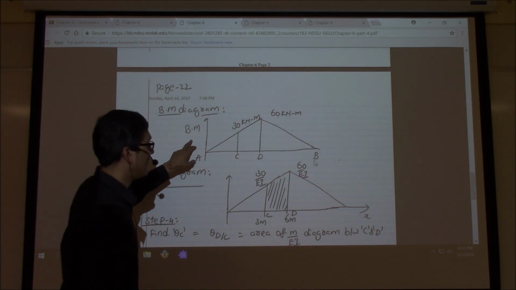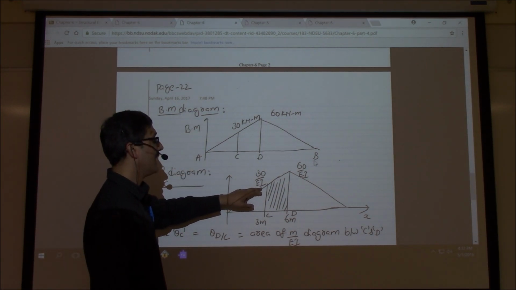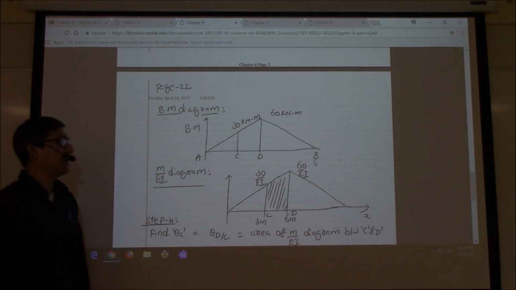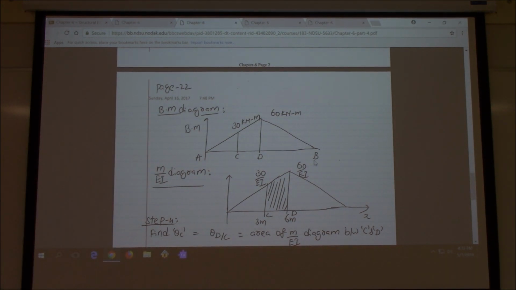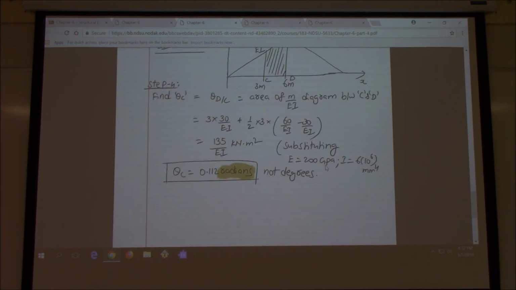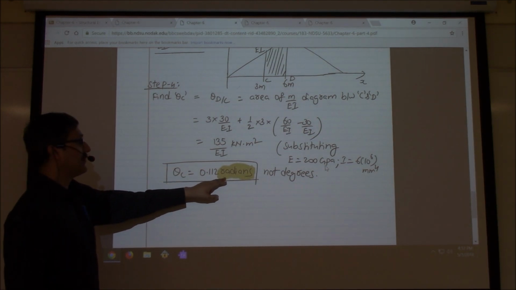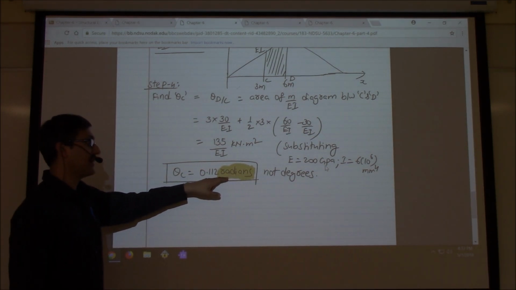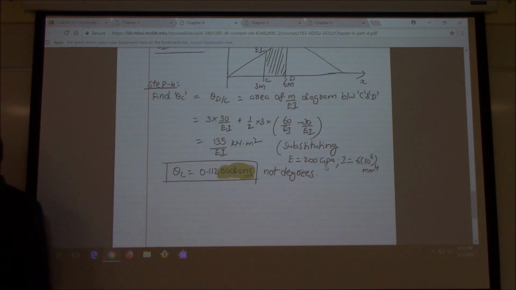You just divide it by flexural rigidity EI and you get your M by EI diagram. And finally we have to evaluate the area between the points C and D to find out our theta C, which turns out to be 0.112, and the most important thing is the units are radians and not degrees.